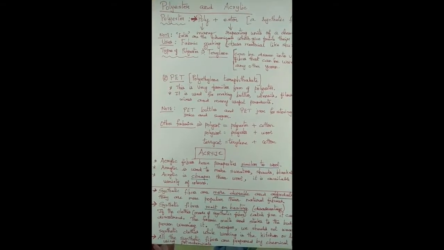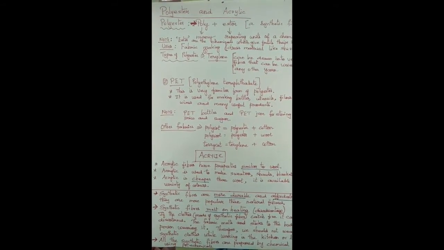It is famous nowadays and more popular because acrylic is cheaper than wool. It is available in a variety of colors and patterns. See the notes of these two topics, polyester and acrylic. Take a screenshot for your future reference.